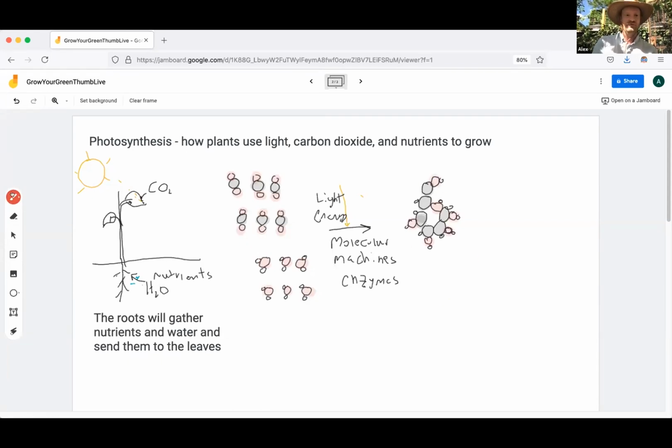So this is our molecule, and this is a sugar. And this is its general chemical formula, C6H12O6.